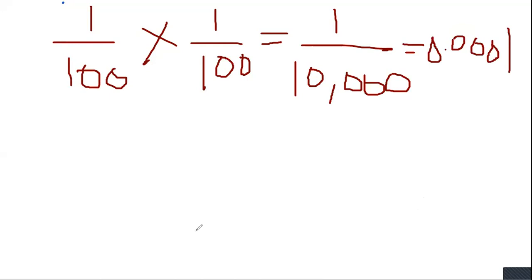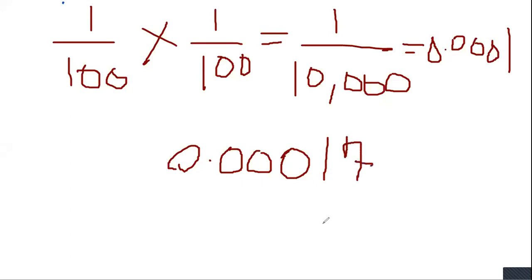Let's say, for instance, I have something like 0.00017. This 1 here is 1 Pip.